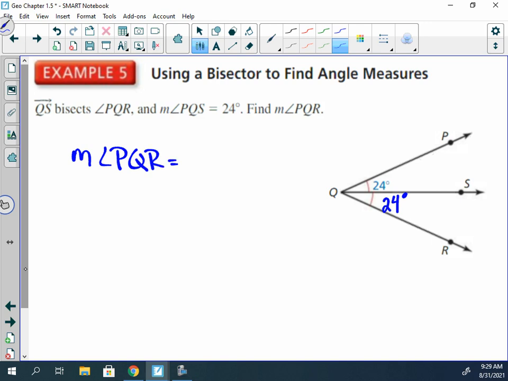So one of the smaller angles is 24, the other is 24, so what would the whole thing be? 48, because we can add those two together. That's it. Questions on this here?